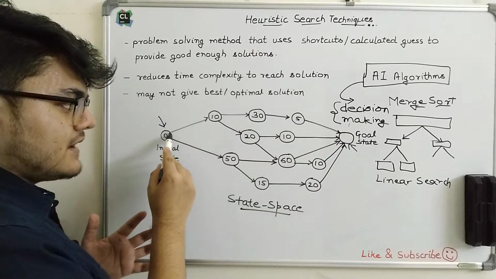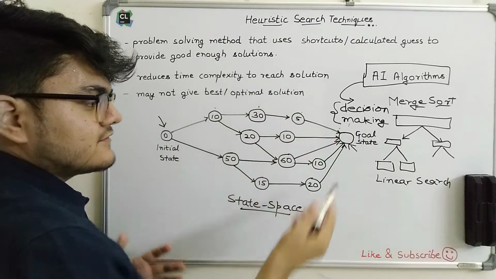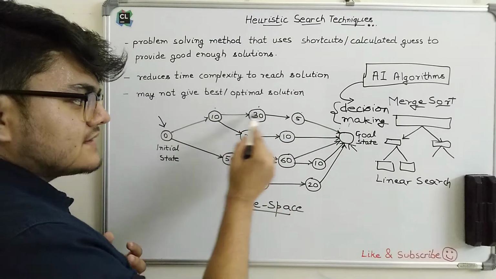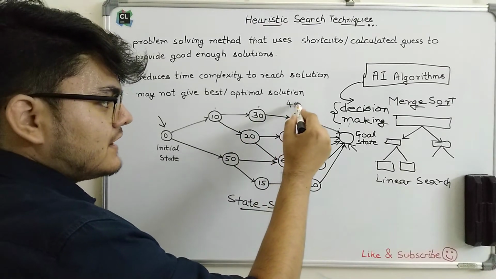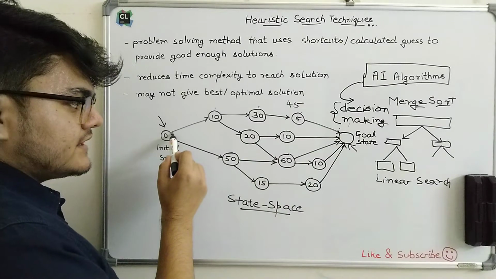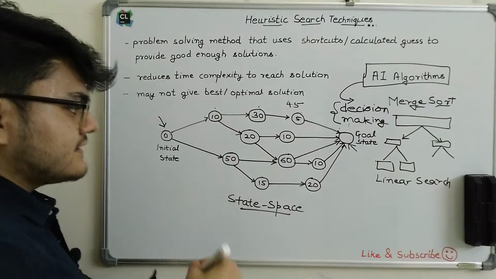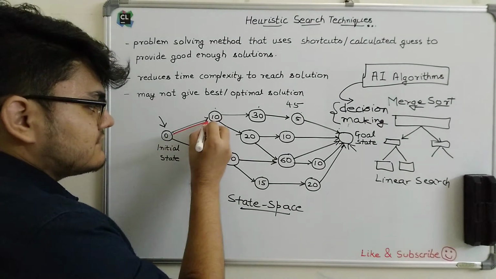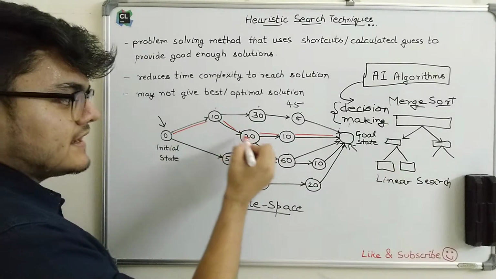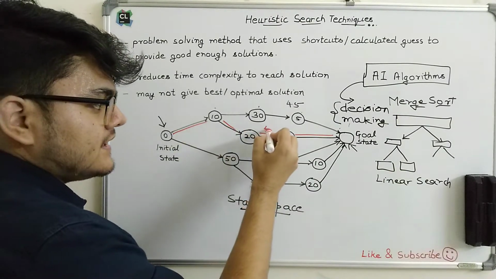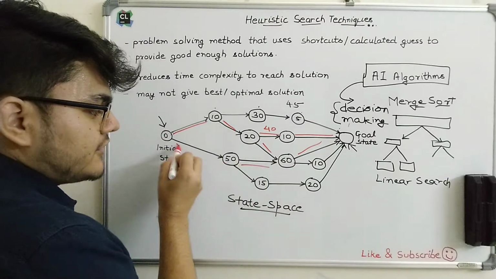So I will go from here to here, and this is one path, and what I will do is add the time. So 30 plus 5 plus 10 will give me 45, and similarly I will do it in this case also, right? So let's consider this path which goes from here to here, and I will again calculate the sum, which is 40, and similarly I will do it for the rest of the paths that are given to me.